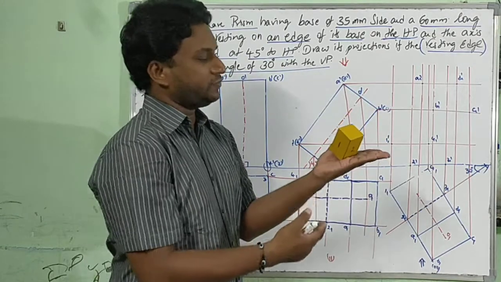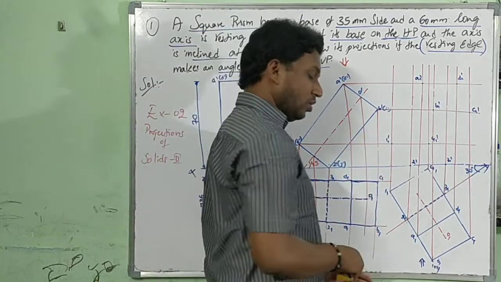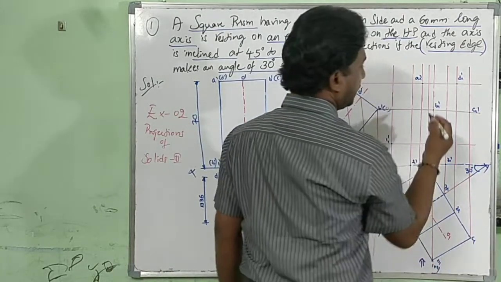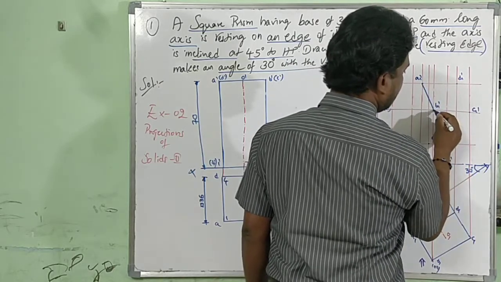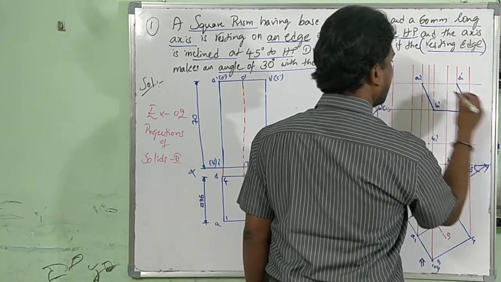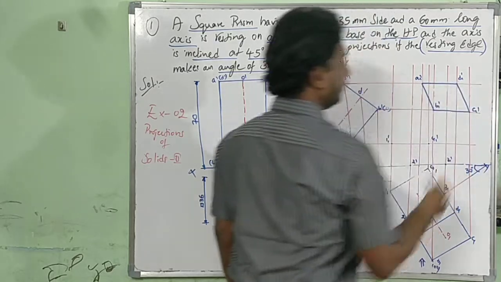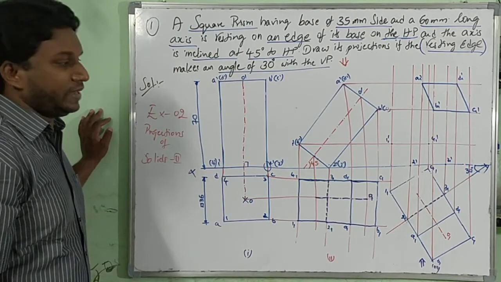Now when you are looking at the front view, you can see this clearly. That you have to understand. So 1 1 dash, B1 dash, C1 dash, D1 dash, A1 dash, D1 dash: a complete top base square.